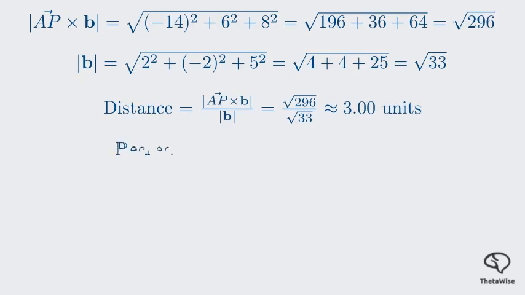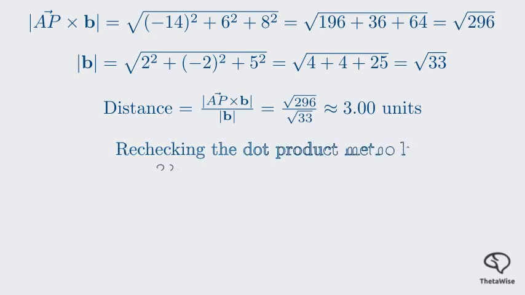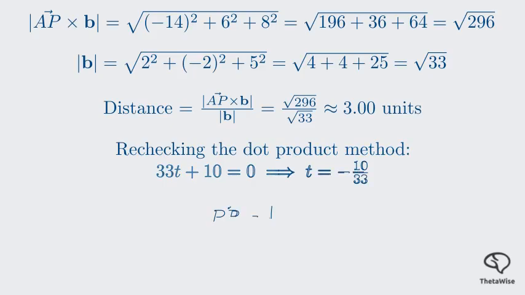Let's recheck the calculation of t in the first method. It should be negative 10 over 33 based on the notes. In the notes, it was t equals 10 over 33, so my previous example was correct. Let's recalculate the dot product. The terms simplify to 4 plus 4t, or 0.